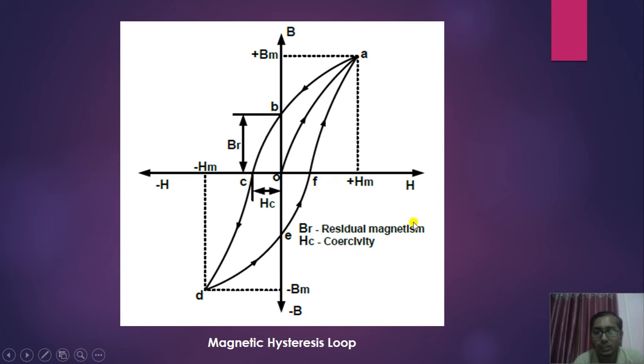And what is residual magnetism? When the magnetic force becomes 0, the amount of magnetic flux density that is still retained by the material is called residual magnetism. So this is Hc, the coercivity, that is the coercive force that we have to apply in the opposite direction so as to neutralize this residual magnetism.